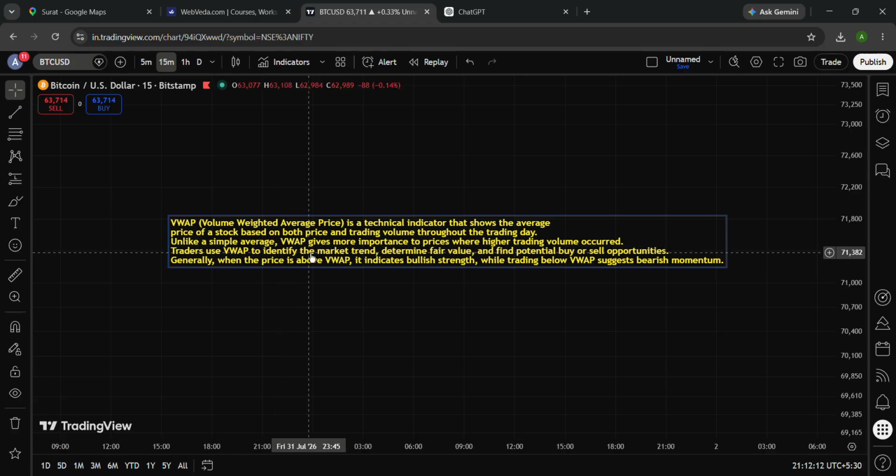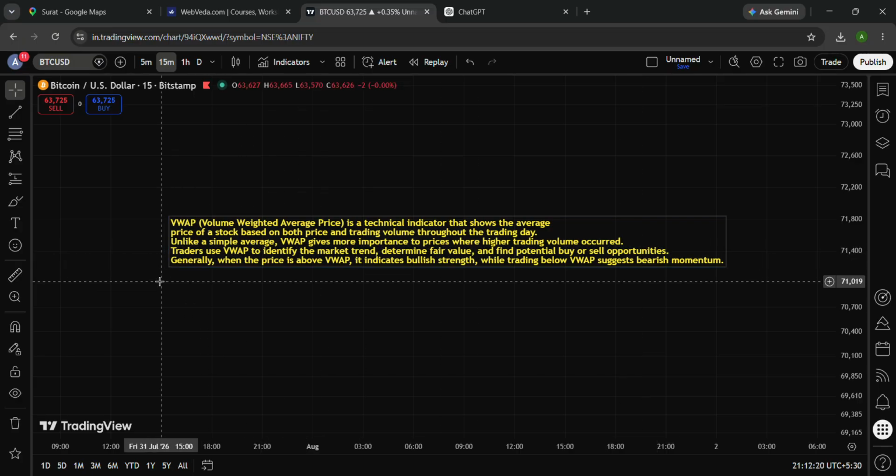Traders use VWAP to identify the market trend, determine fair value, and find potential buy or sell opportunities. Generally, when the price is above VWAP, it indicates a bullish signal, while trading below VWAP suggests bearish momentum.